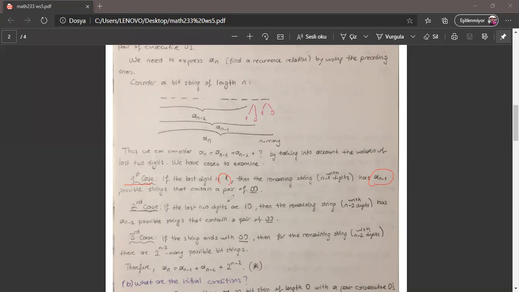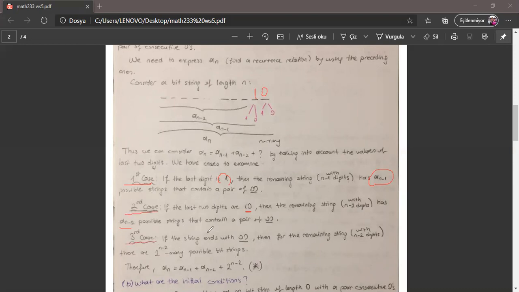When the last two digits are 1, 0, then the rest has n minus 2 digits. So the number of possible strings is a sub n minus 2 now, as again we don't have 0, 0 here. So we did this case too.